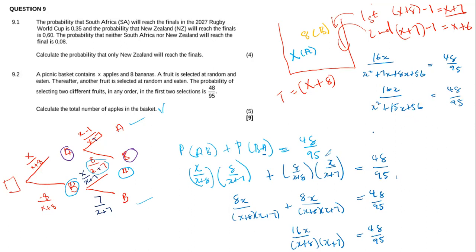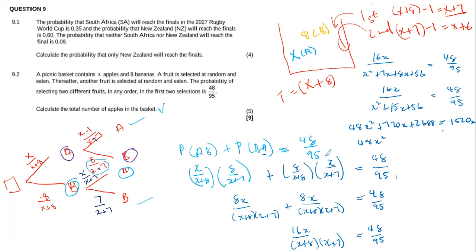Let's cross multiply. 48 multiplied by x squared, 48 multiplied by 15x gives 720x, and 48 multiplied by 56 gives 2688, which equals 95 multiplied by 16x, which is 1520x.